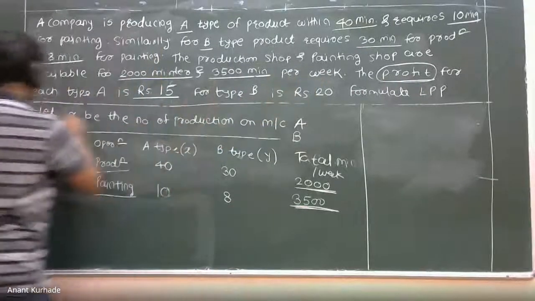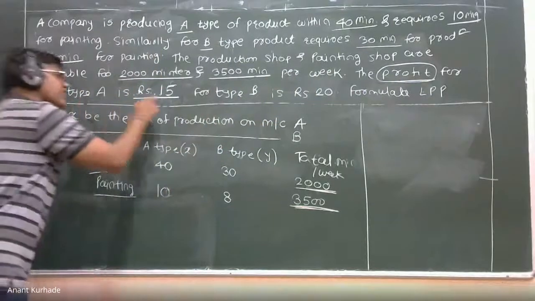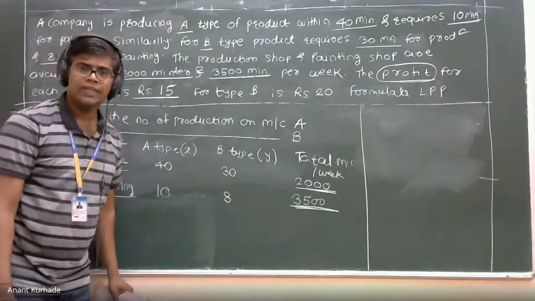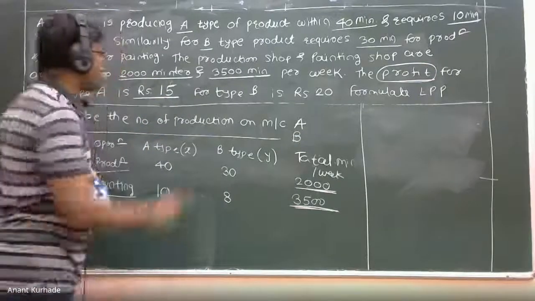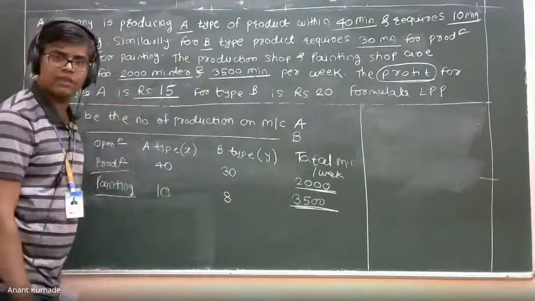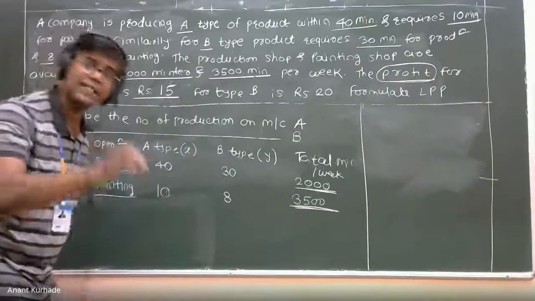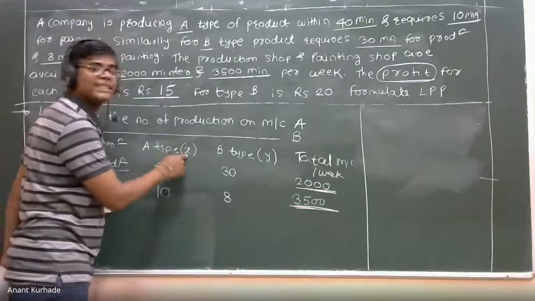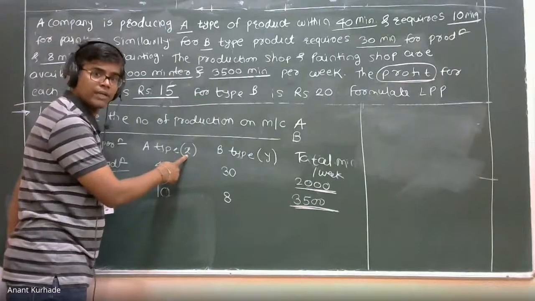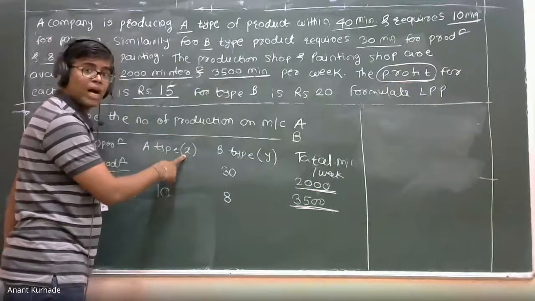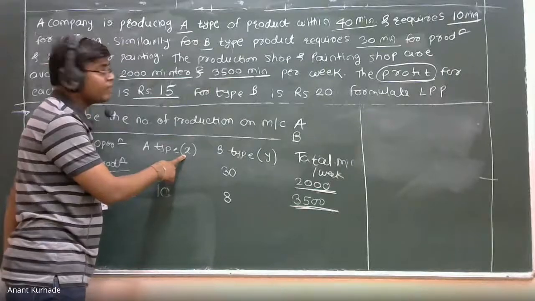The profit for each type A is 15 rupees. Means 15 rupees is profit for A type product. But we don't know how many products. So we have assumed those products as X number. So how can you get total profit of product A?